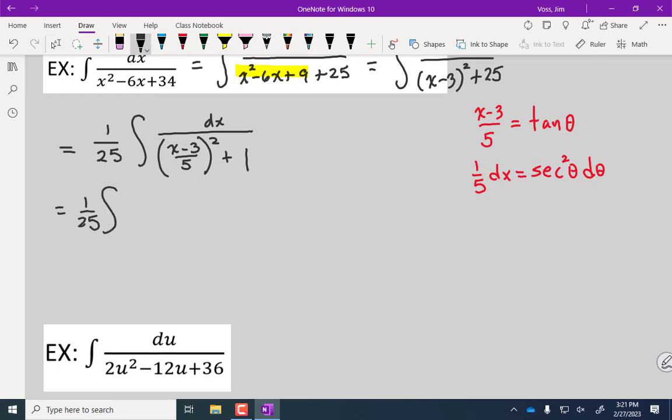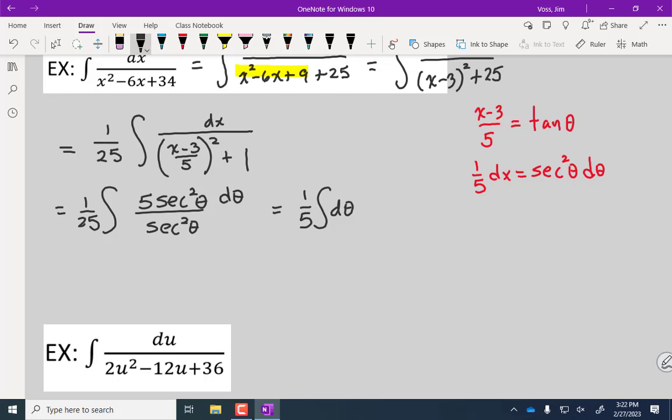We have a dx, and dx is 5 secant squared. How about the denominator? Tan squared plus 1 is secant squared. So this all reduces to 1/5 integral of d theta.